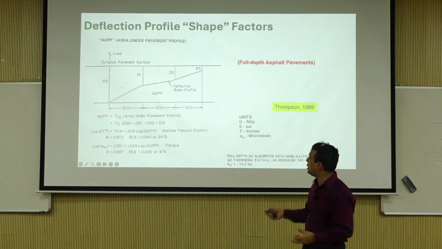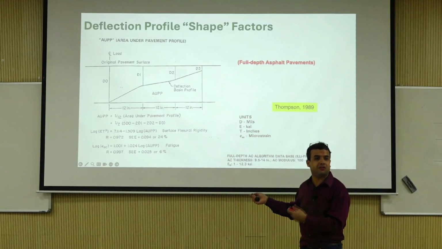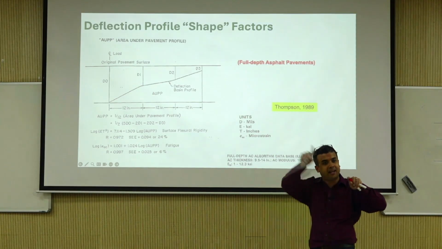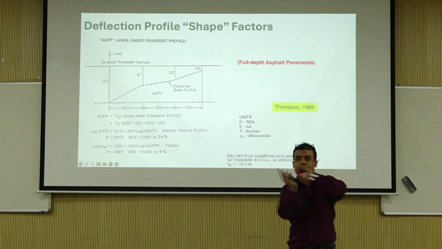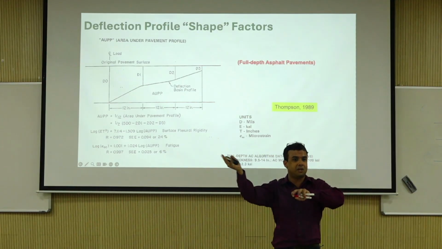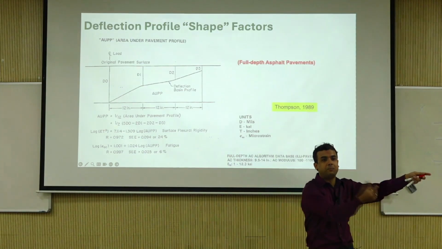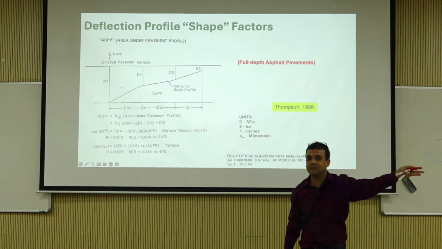He would run thousands and thousands of analyses in the background and develop typical trends and curves: if your values are like this, this is how it is. And he would give those curves to the DOT personnel, saying just use this.